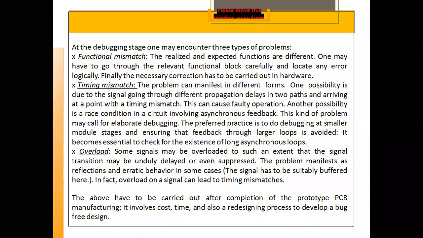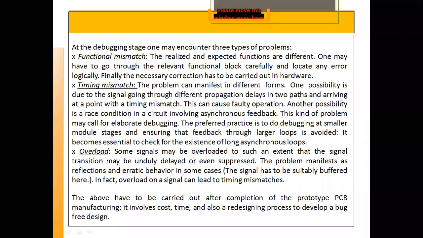When we go for this type of design, generally we have three types of problems. One is functional mismatch. What is this functional mismatch? If you have gone through your lab in the previous semester, you have written your VHDL program, verified its syntax, and later verified its functionality.